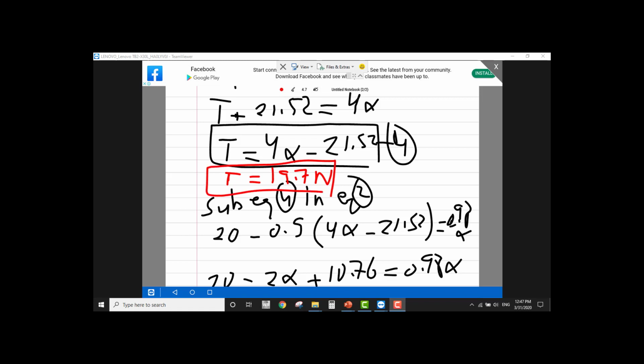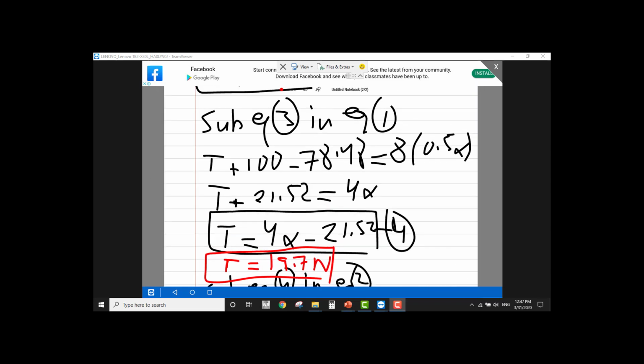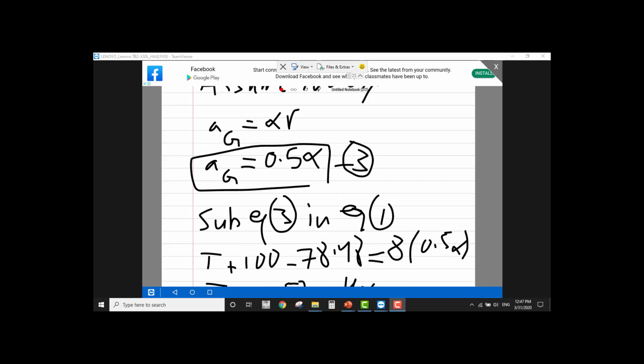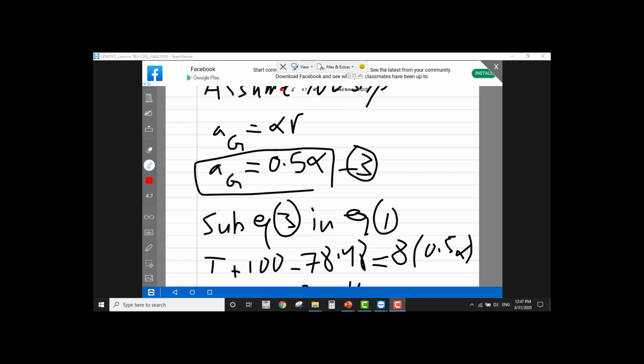Also a_G from this equation equals 5.16 meter per second squared.